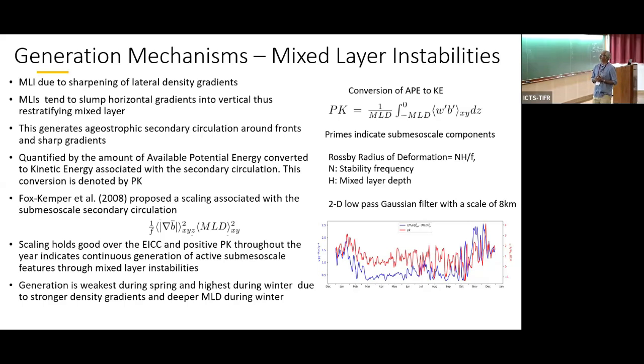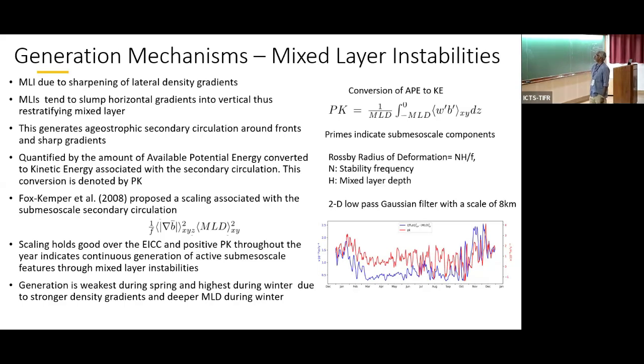The way to quantify mixed layer instability is to look at the amount of available potential energy that can be converted to kinetic energy associated with the secondary circulation. This is denoted by the quantity PK given here, which is given as this integral. Here w' and b' indicate the submesoscale component, and the averaging is done over space.